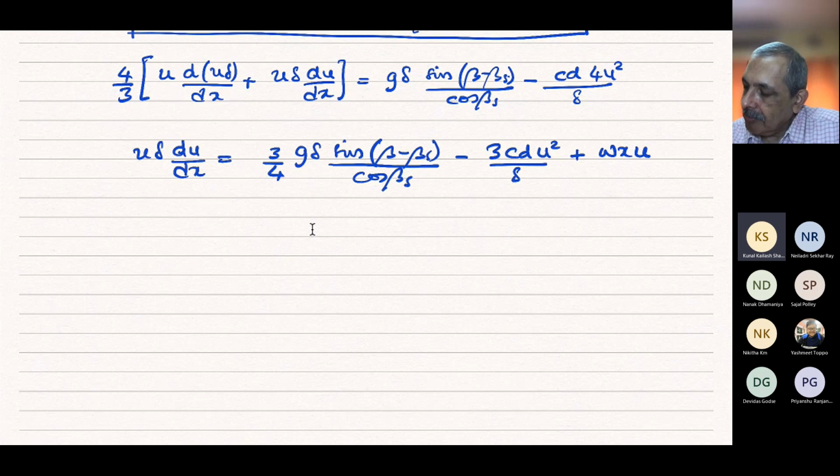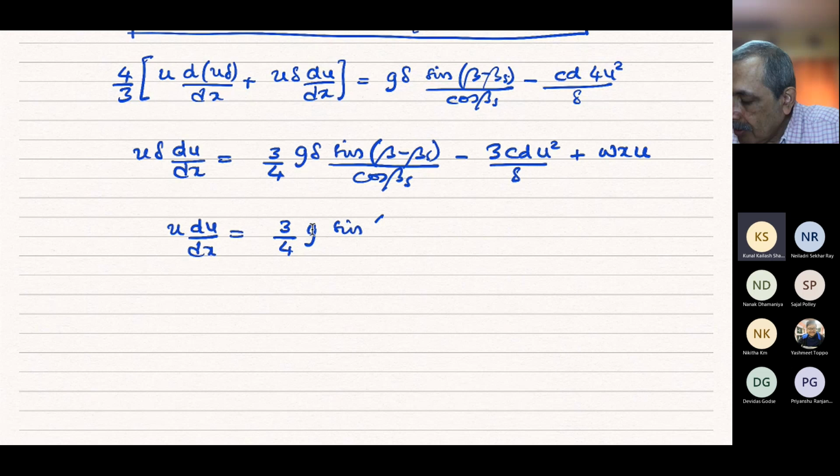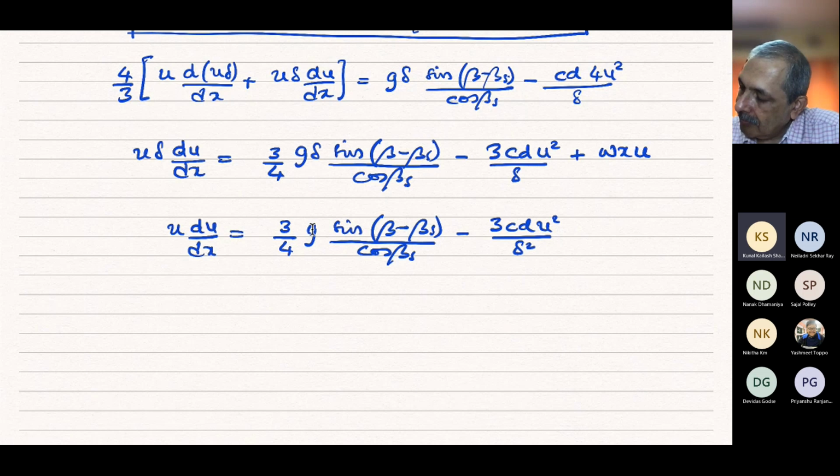So in some sense, this term is just the acceleration. And now if I divide throughout by delta, then I'll get u into du by dx is equal to 3 by 4 into g sine beta minus beta s divided by cos of beta s minus 3 cd into u squared by delta squared plus omega x into u.